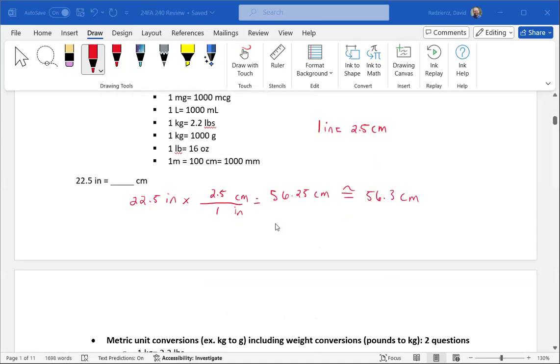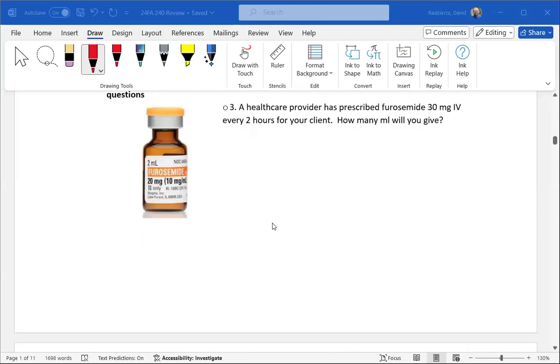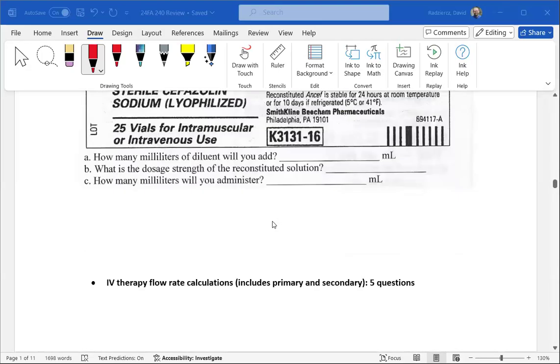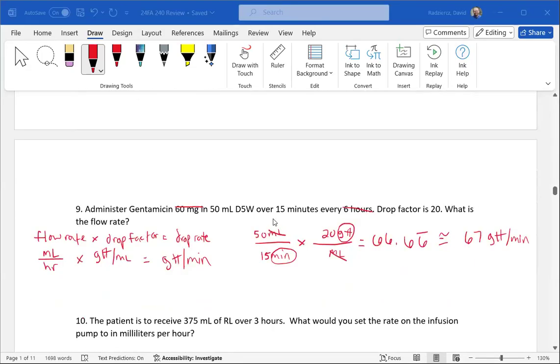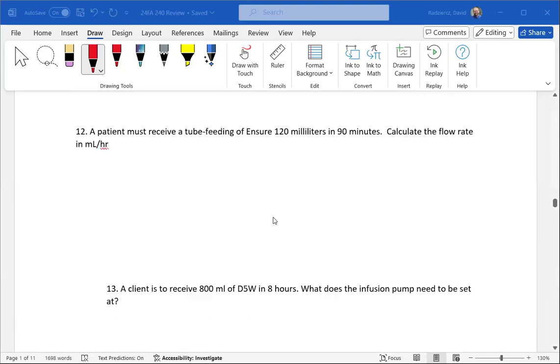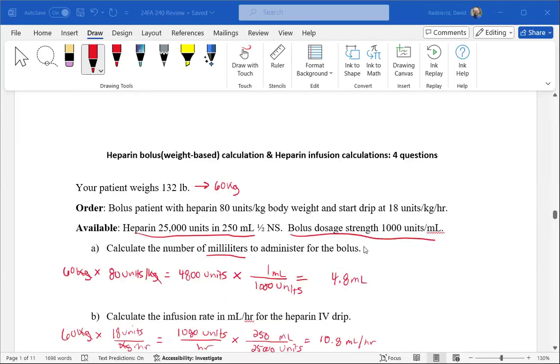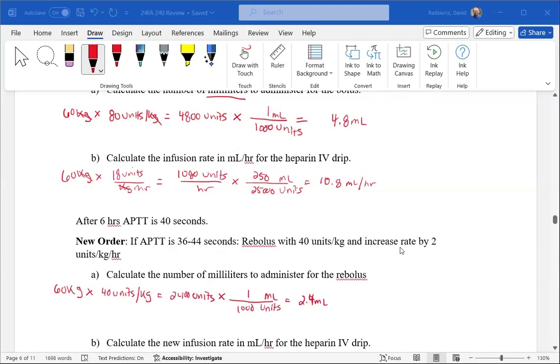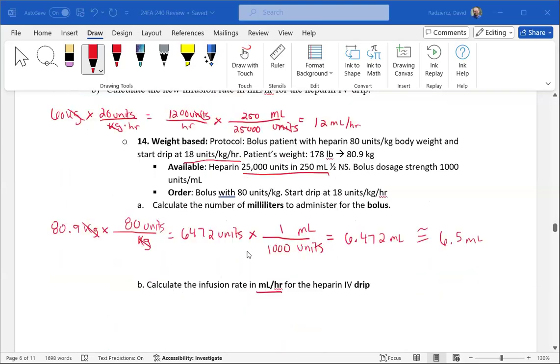Yeah. So there's a bunch of questions on here for the heparin bolus. Now, are you saying anything beyond what is already here? Have you gone through these other ones?